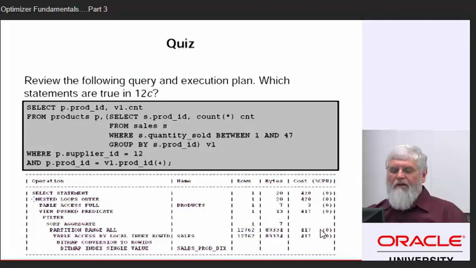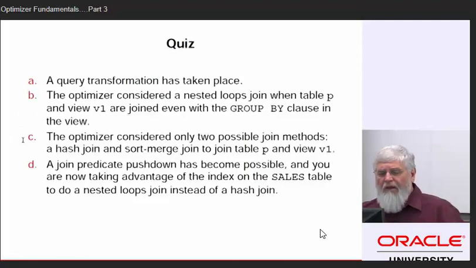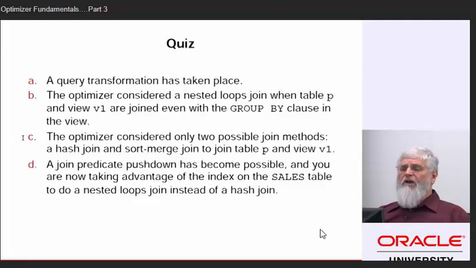C: the optimizer considers only two possible join methods, the hash join and the sort merge, when joining tables P and V. Well, to really see what it considered, all we know is what it picked. But generally, as long as it's technically doable, it considers all three.